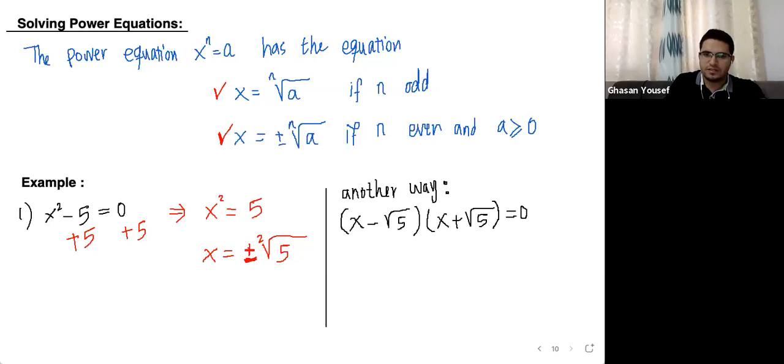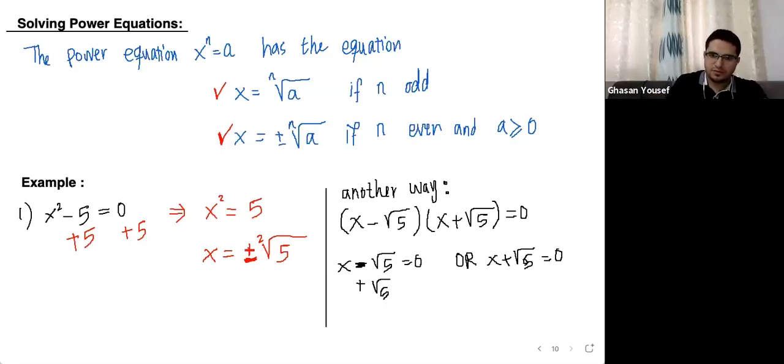To solve an equation like this, we make the first one equal 0 or the second one equal 0. So x minus square root of 5 equals 0, or x plus square root of 5 equals 0. Now we solve by adding square root of 5 to both sides.